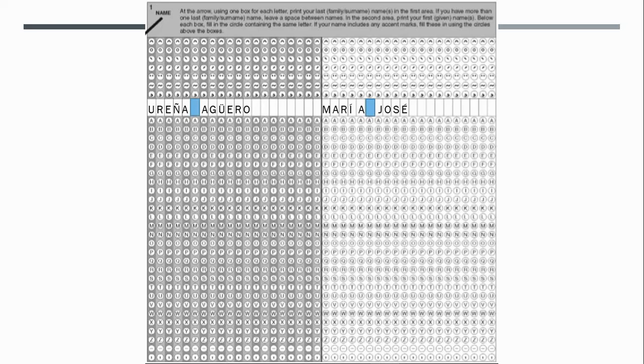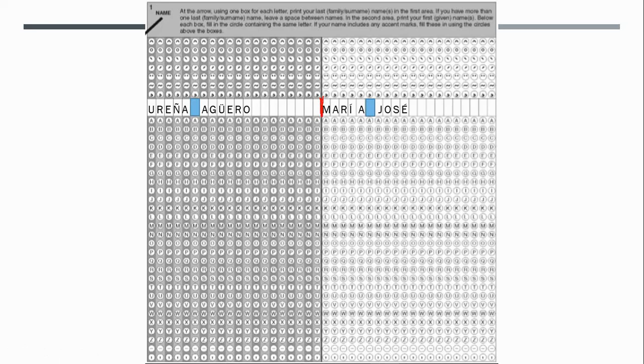Let's suppose that your last name is De La O. So after De, you have to leave a space. La, space, O. And what happens if your last names are very long? Over here, I want you to take a look at the thick black line. You have to stop writing your last name, so you can't continue into the section of names.